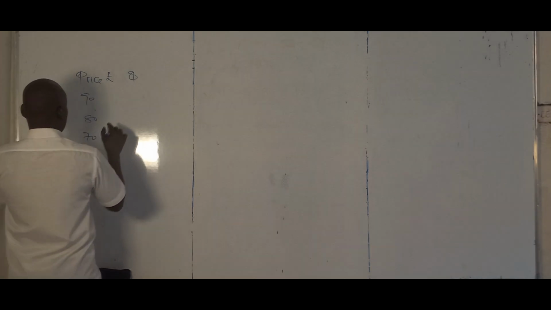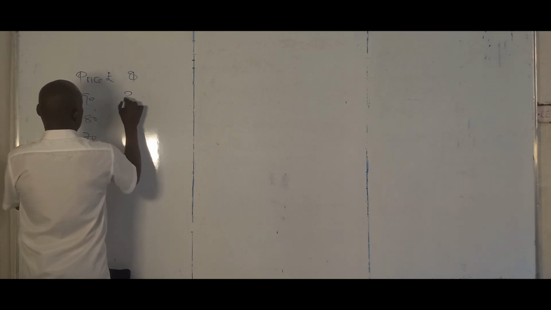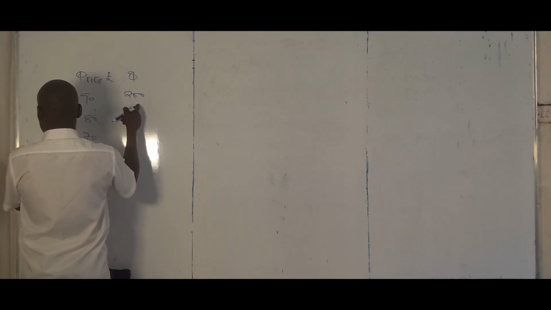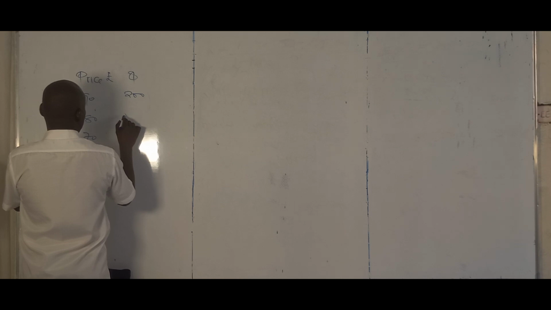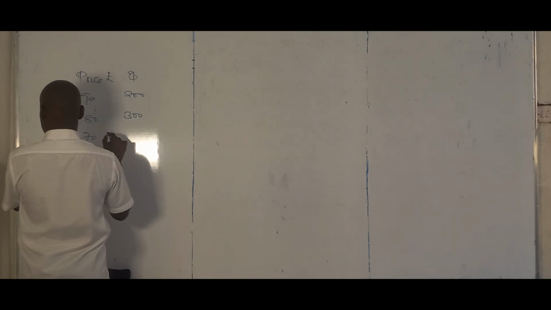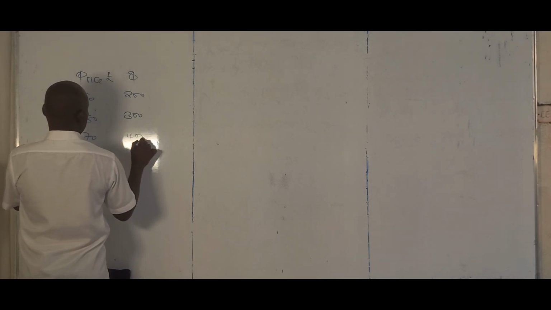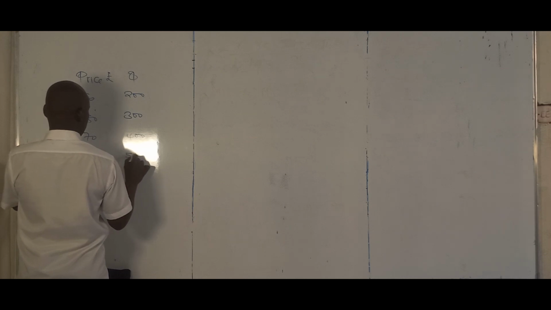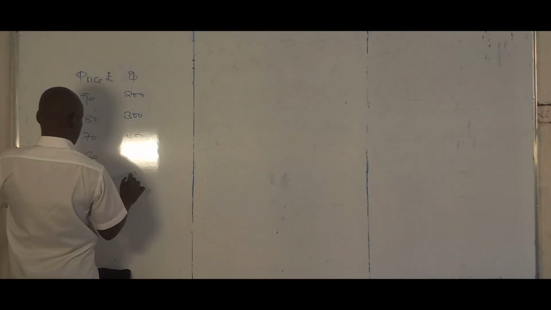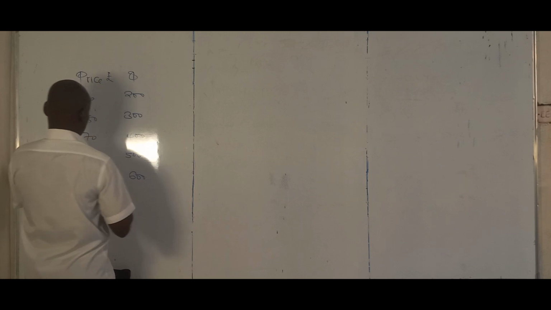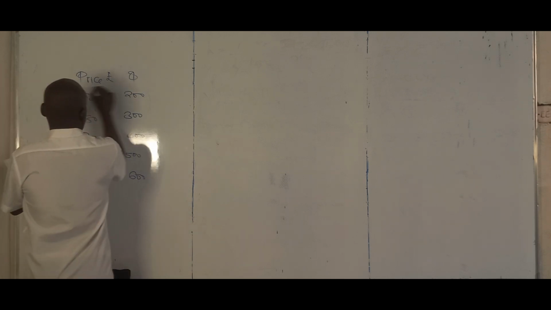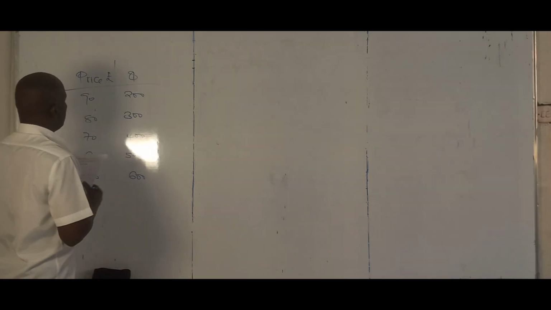The corresponding levels of Q: when the price is 90, it's 200. Then we have 300, 400, 500, 600. So that's the table that we have.